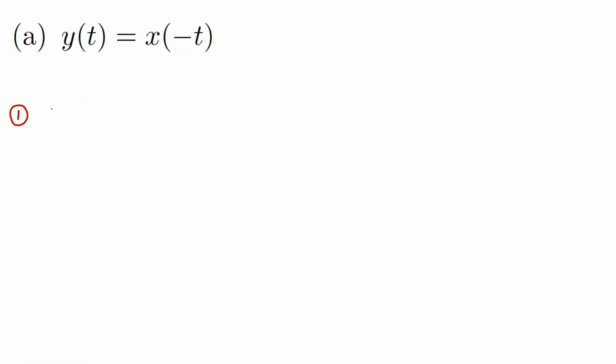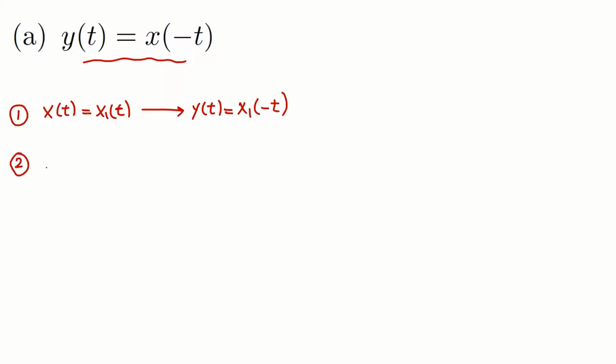Well, first of all, assume the input to the system at time t is x1(t). Then, based on the relationship here, the output would be x1(−t) for input x1(t). Now assume at the same time t, the input this time is shifted in time, x1(t − τ).